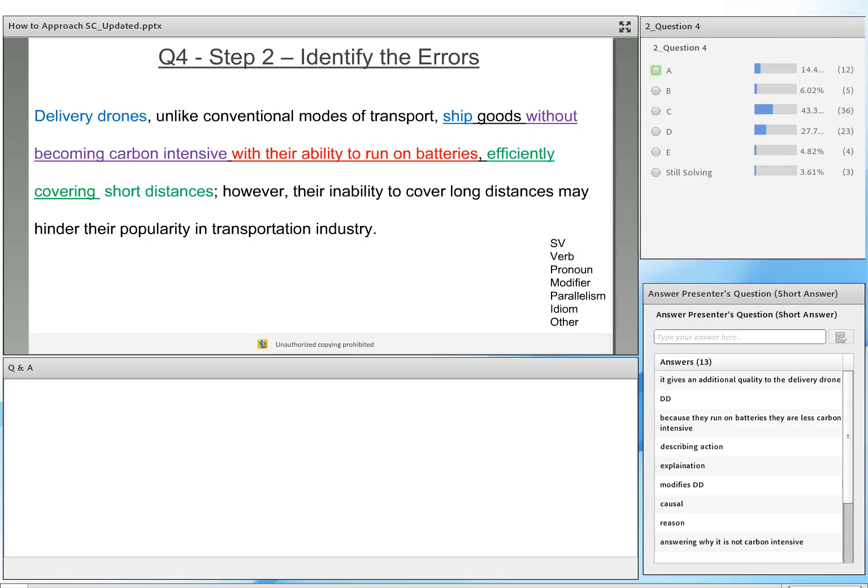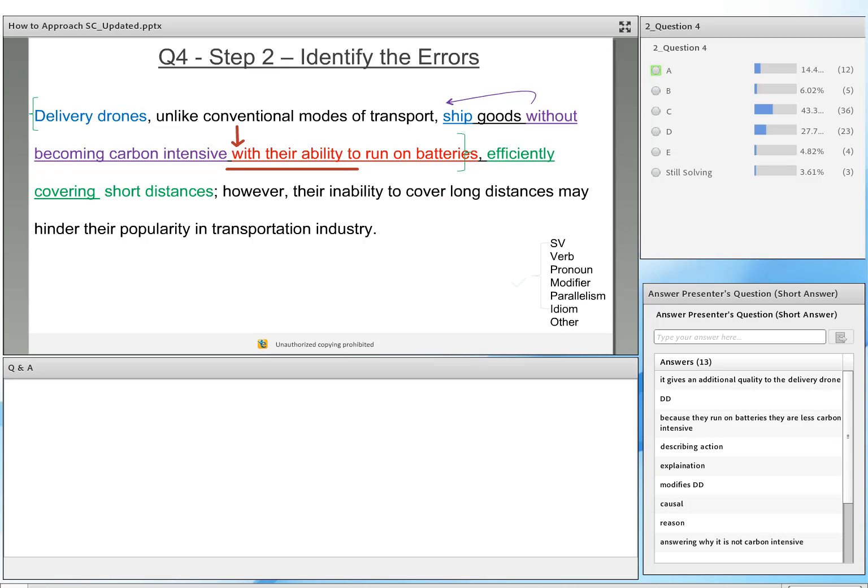In this sentence, everything else, from subject and verb to pronouns, is fine except for "with their ability to run on batteries." That's a very weird expression to express causality here. This part, as we learned, expresses the why of why they are not carbon intensive, so an appropriate expression should be used here.